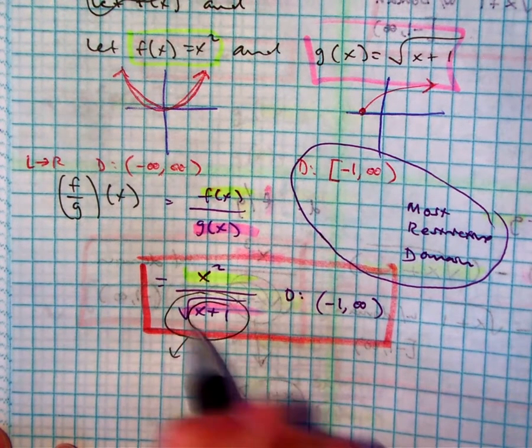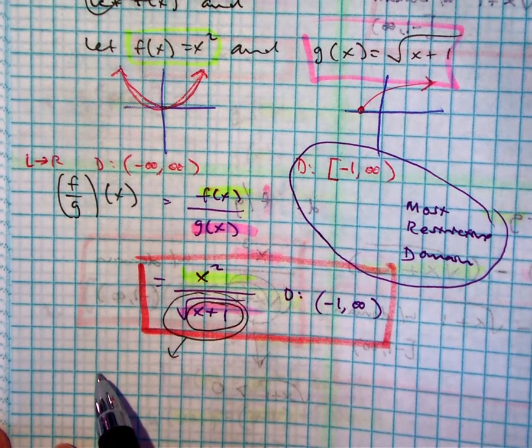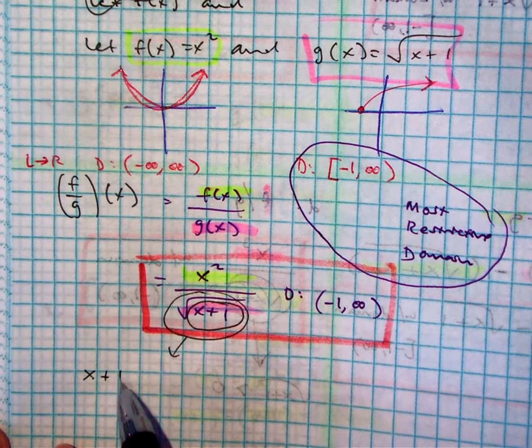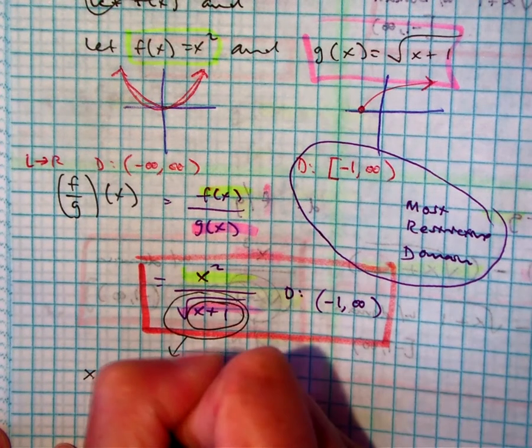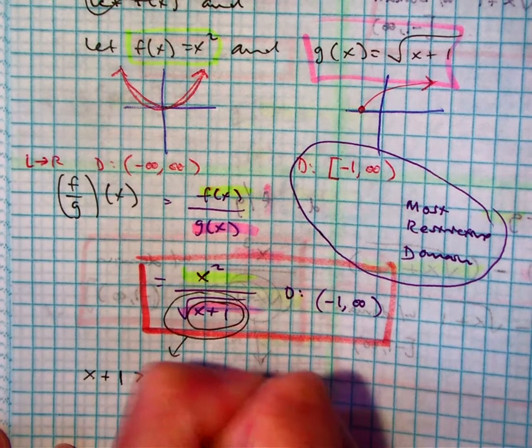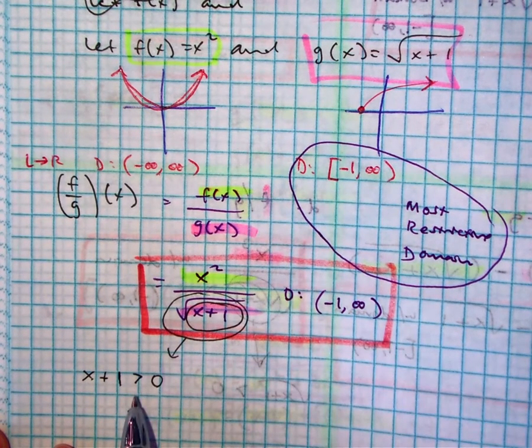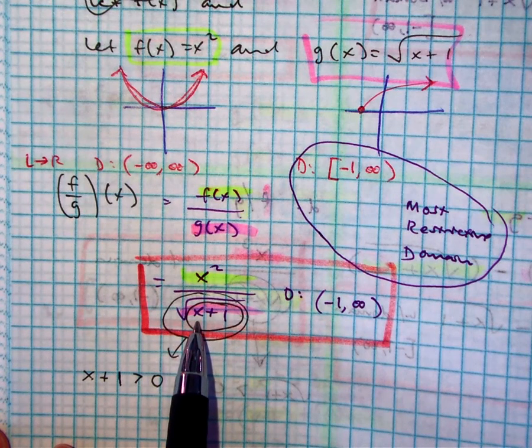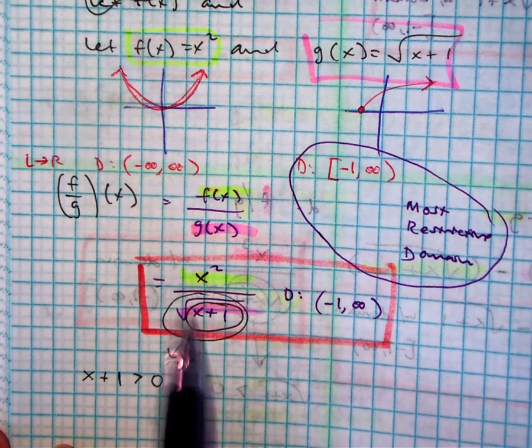On the count of 3, 1, 2, 3. Greater than 0. Good. Because if you said equals to, what would happen? It would turn into 0, and that's undefined.